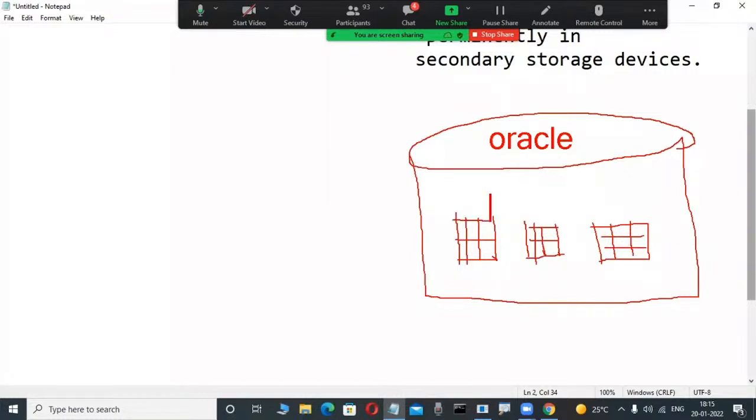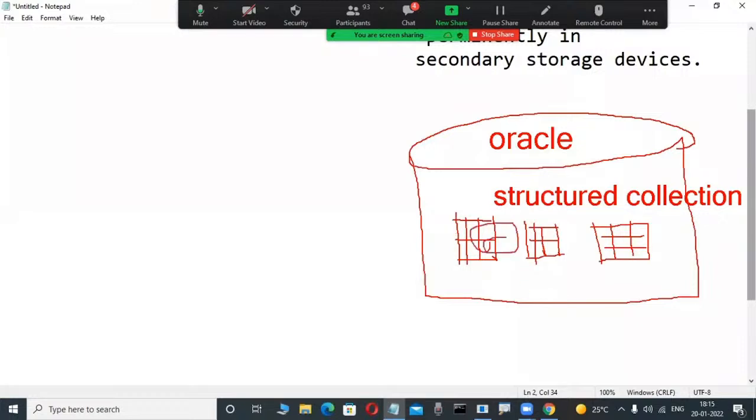Once a structured collection of data is there, all relational databases store structured collection of data, not non-structured. Non-structured means other databases are there. Oracle is one of the popular relational databases.